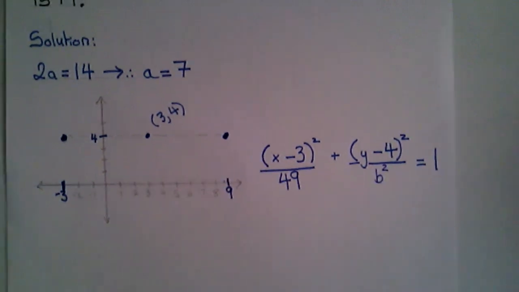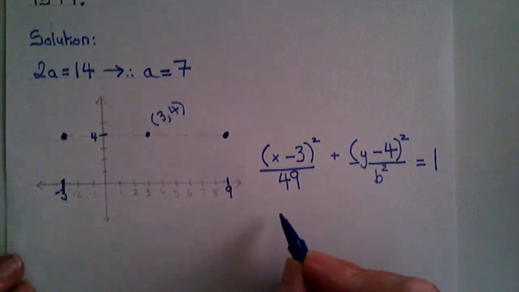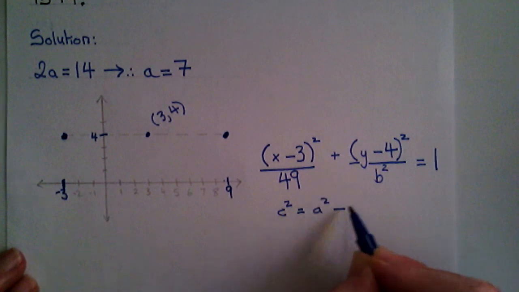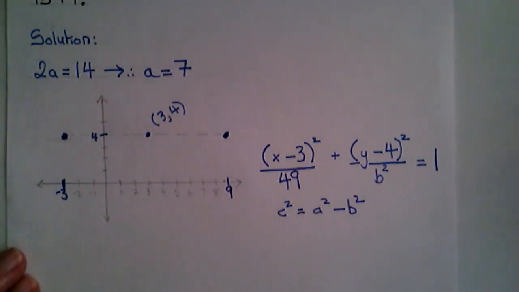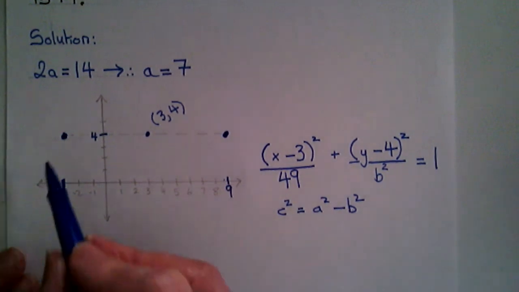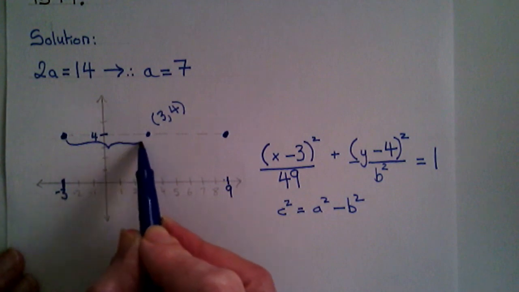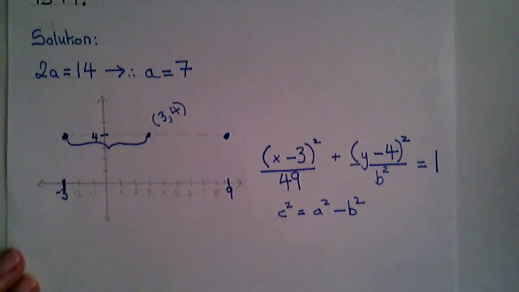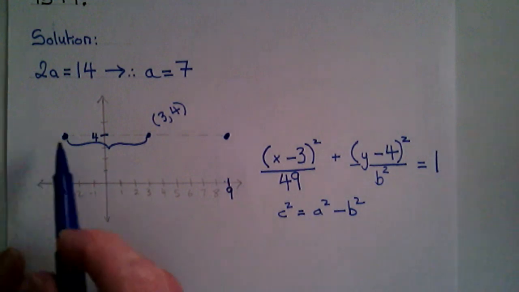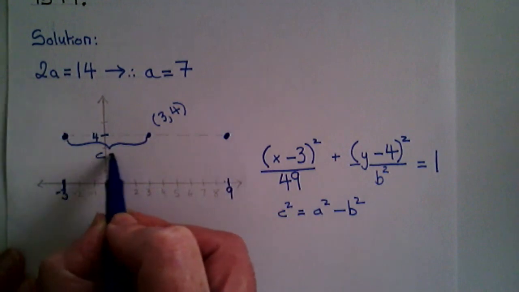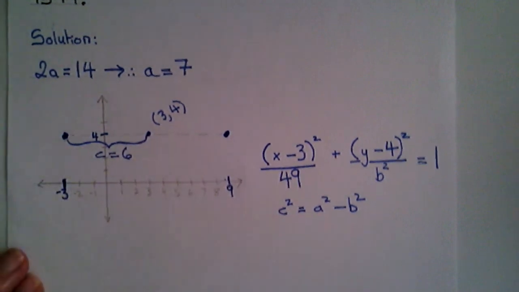All we have to do now is find out what b squared is. So fairly easy. We've worked out the center, and we know what a is. So we're going to use c squared is equal to a squared minus b squared. We have to work out the distance from the foci to the center, which is 6, because this is 12. So c is equal to 6.